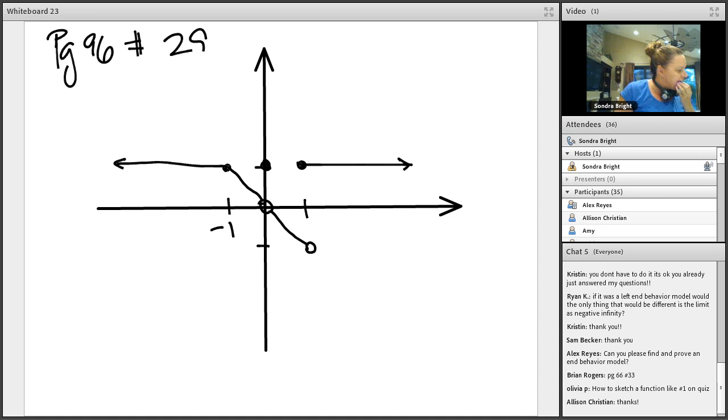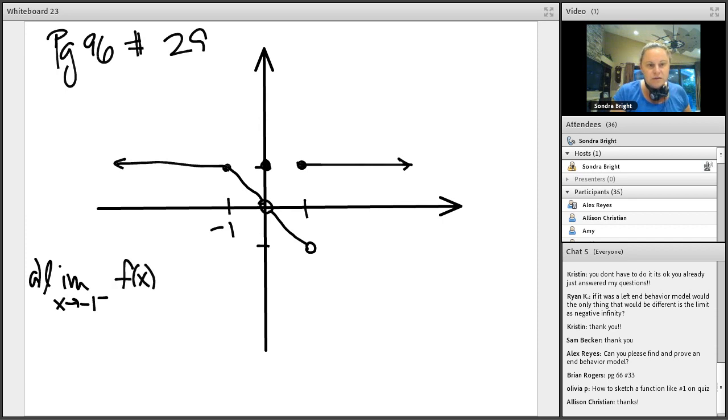Find the right hand and left hand limits of f at x equals negative 1, 0, and 1. Okay. So this is A, the limit as x approaches -1, and then they want right and left hand limits. So let's go with from the left. We're going to call this f of x.